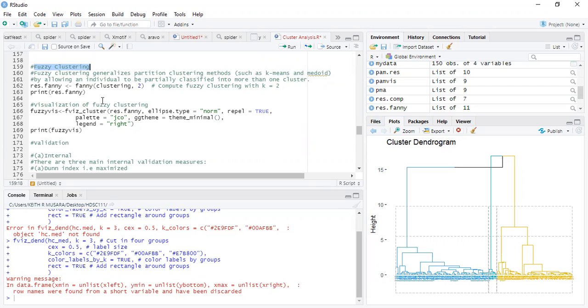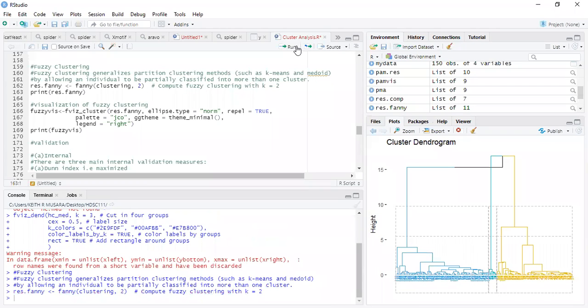So we will use the fanny clustering function and call our data. From the prompting above, the number of clusters we obtained with k-means was 2 or 3, with PAM we came up with 2, and based on hierarchical it's also 2 or 3, right? So let's look at how fuzzy performs with 2 clusters.